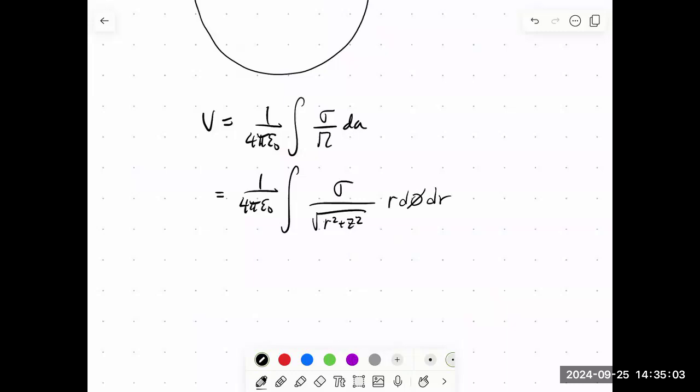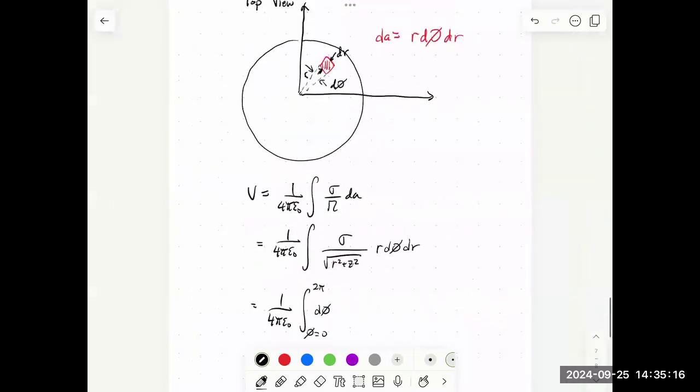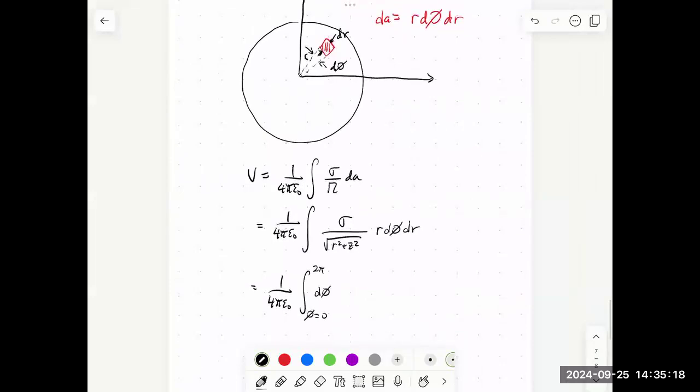Okay. So let's see, that's going to be 1 over 4 pi epsilon naught, the integral of phi from 0 to 2 pi d phi, because we have to integrate around this entire disk. If we did that integral around the entire disk, what it would do is find the contribution of the potential due to this ring.